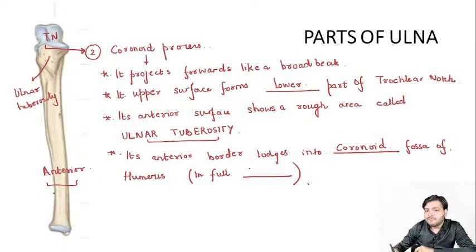It is the flexion of the elbow, where you will find the full lodgement of this coronoid process.